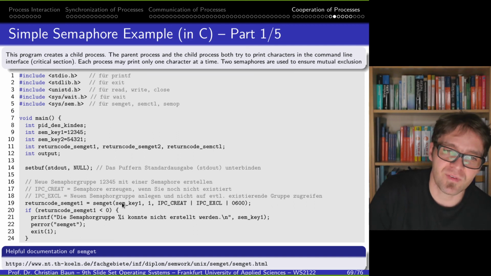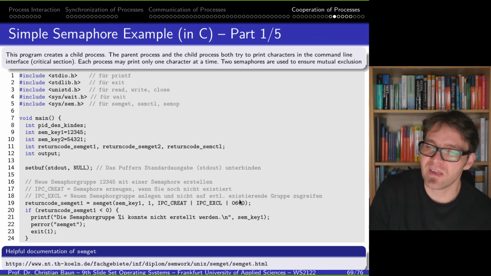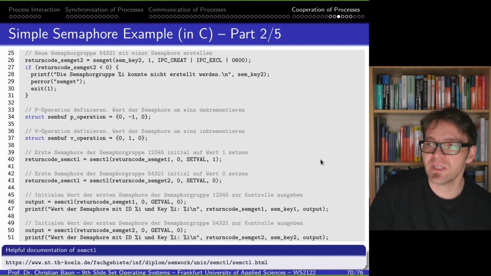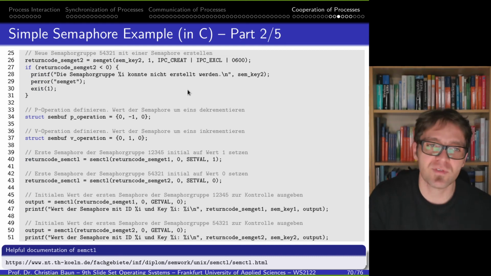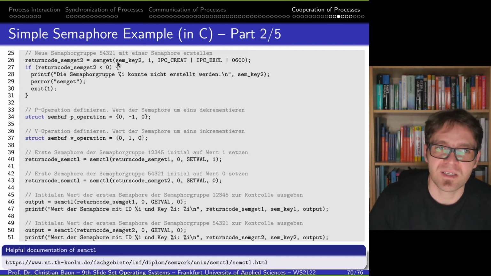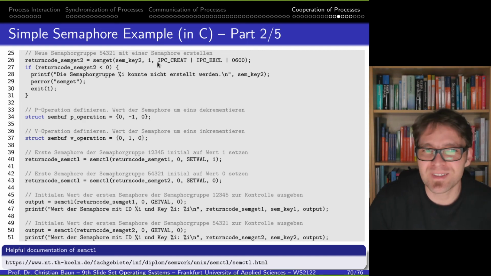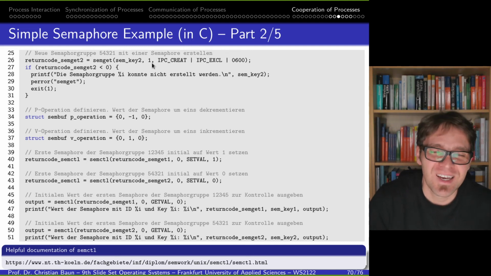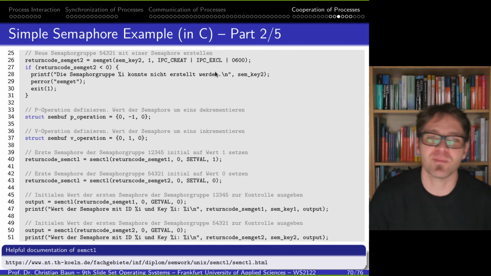The name is specified here, 1, 2, 3, 4, 5, and we specify the access privileges. Next we try to create a second semaphore group, again with semget in line 26, and it has the key, the name 5, 4, 4, 3, 2, 1. Sorry, it's a stupid naming, but it's sufficient. The group has just a single semaphore inside, and it's the same parameters here.